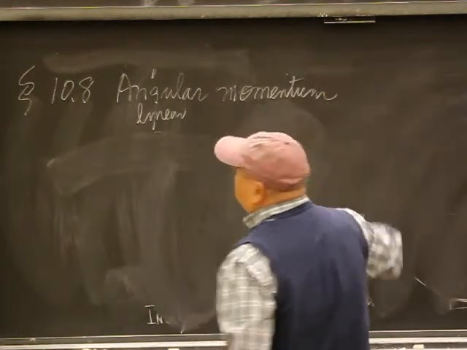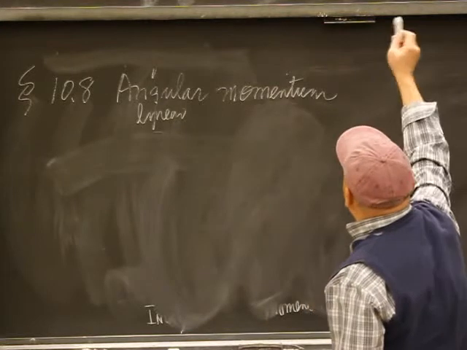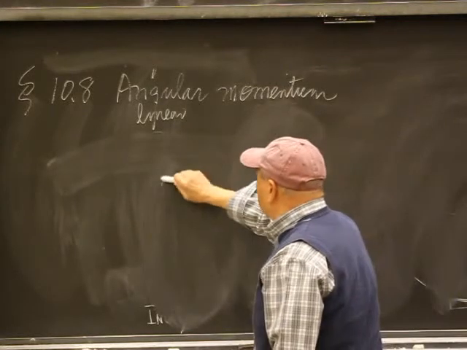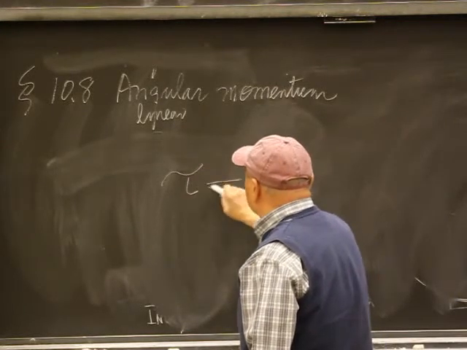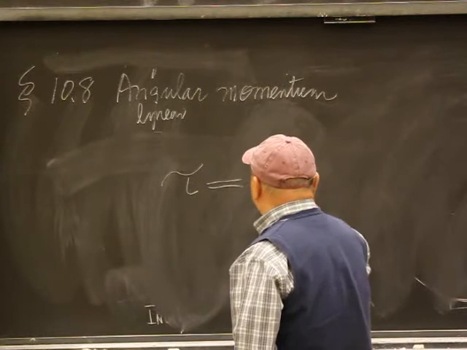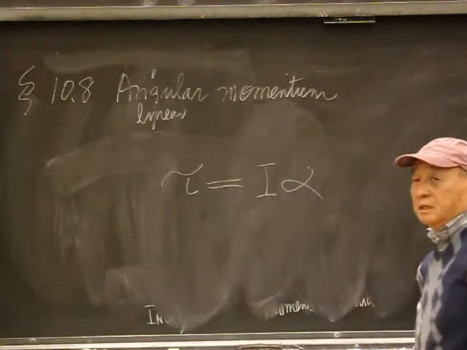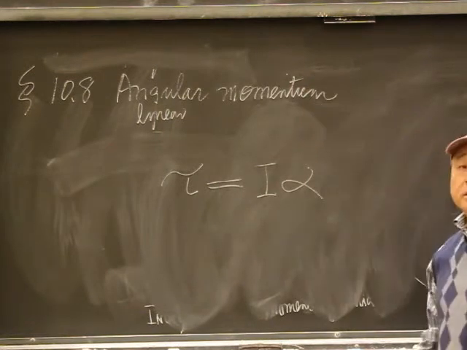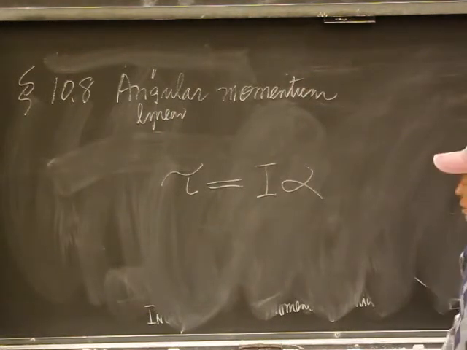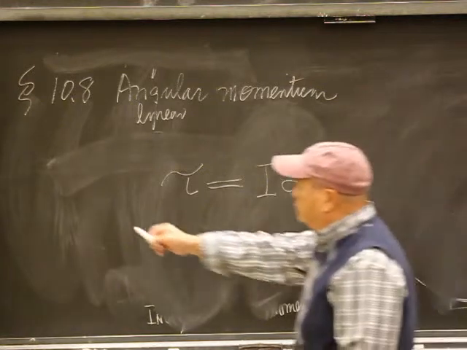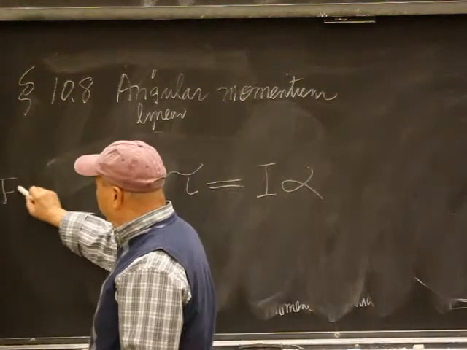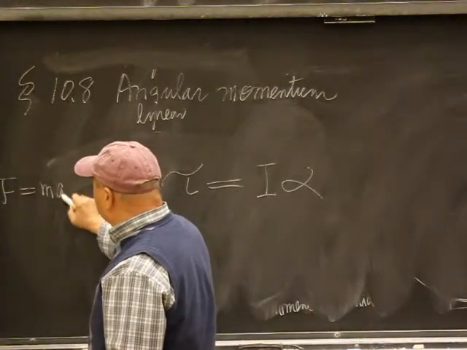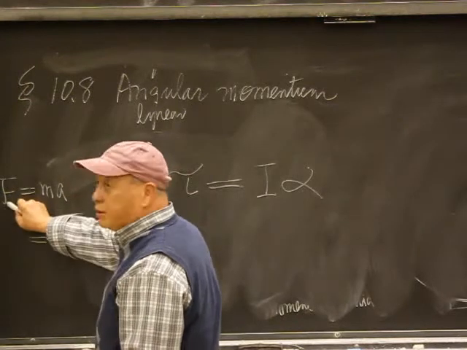From the base there, for rotation, we know tau is equal to I times alpha. Now we'll play the same game we played with the force, because force equals ma.